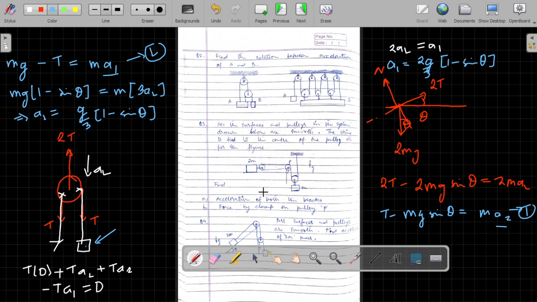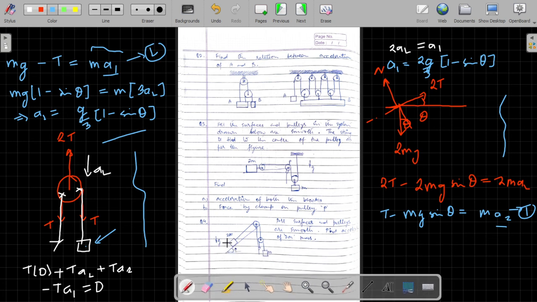So using the idea of constraint relation and the free body diagram, we were able to arrive at the acceleration of these two blocks in such a system where one block is kept on an incline and the other block is hanging by the thread from some other pulley, where the pulley itself is moving. First we selected the acceleration of these two blocks as some values a1 and a2.